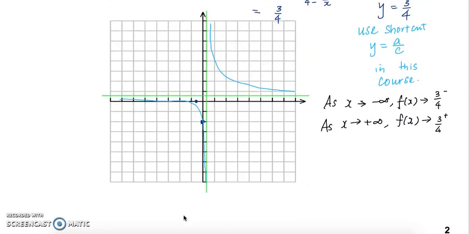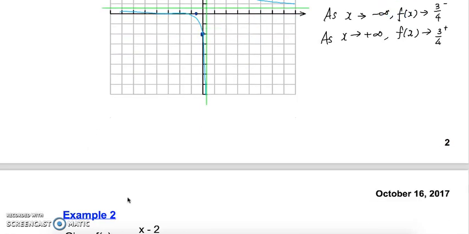The other branch looks like that, following similar logic. So this is example 1. Move on to part 2 of this video to continue with the lesson.